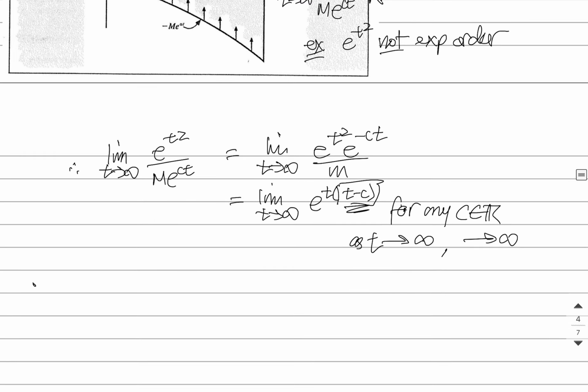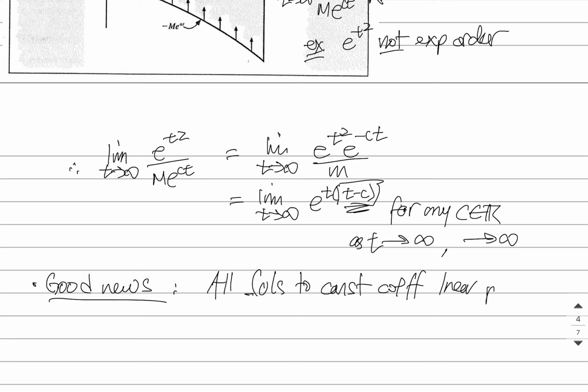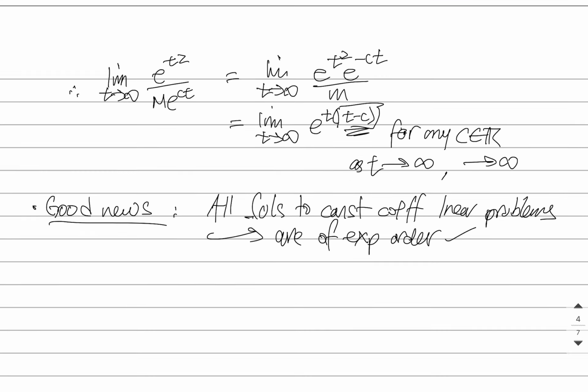Now, the good news is that we don't really care about this. All of the solutions to constant coefficient linear problems, we already know they are all of exponential order. So we don't really have to worry about this. And so that really leads us to our definition of a Laplace transform.